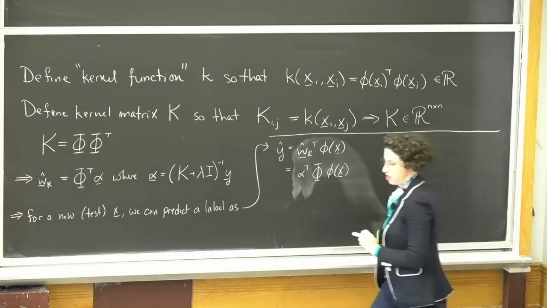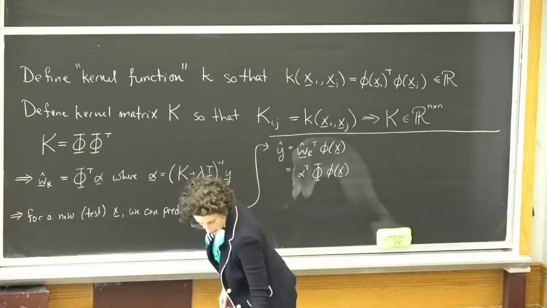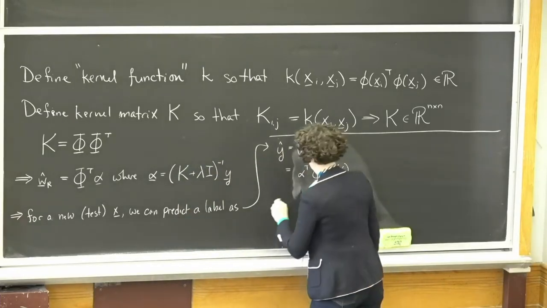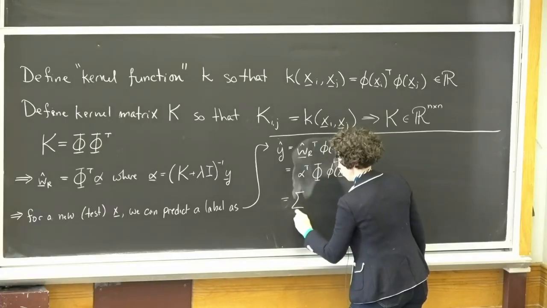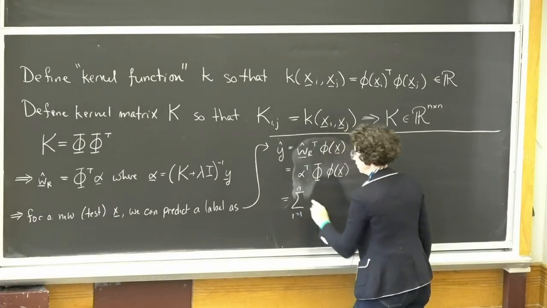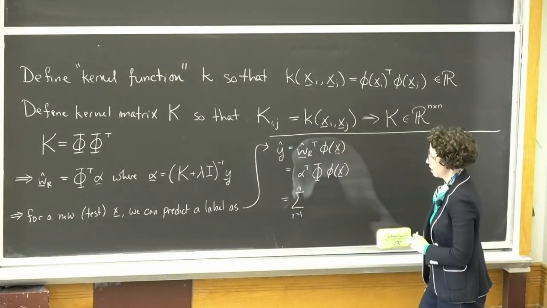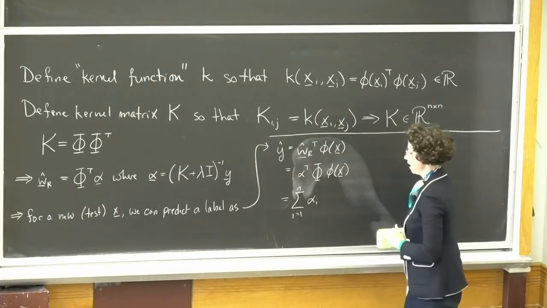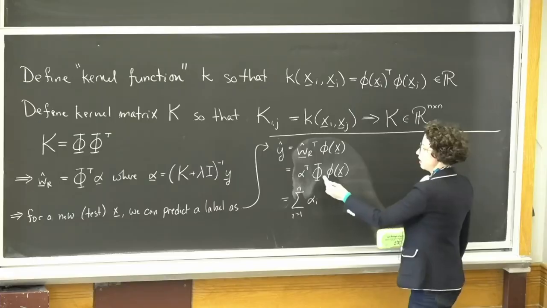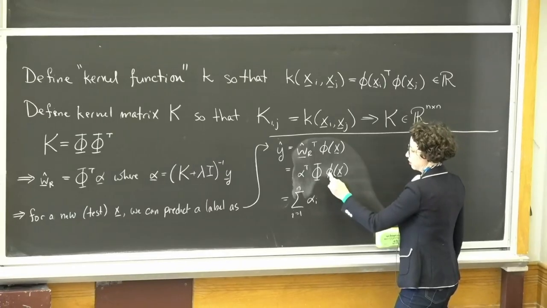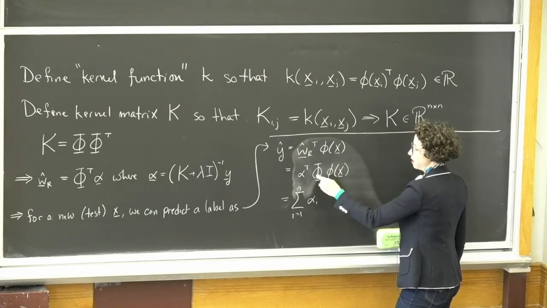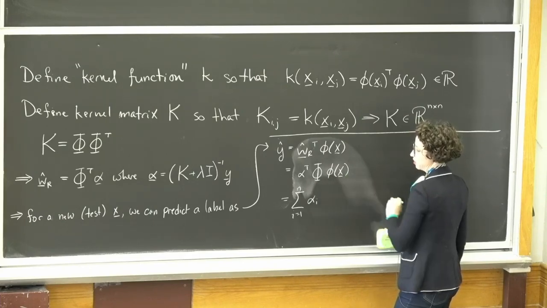And if I think about what that means, that is equivalent to looking at the sum over all of my training samples. And for each one, I've got a weight alpha i. And then when I think about what this product means, I'm looking at the ith row of phi, inner product with phi of x here.